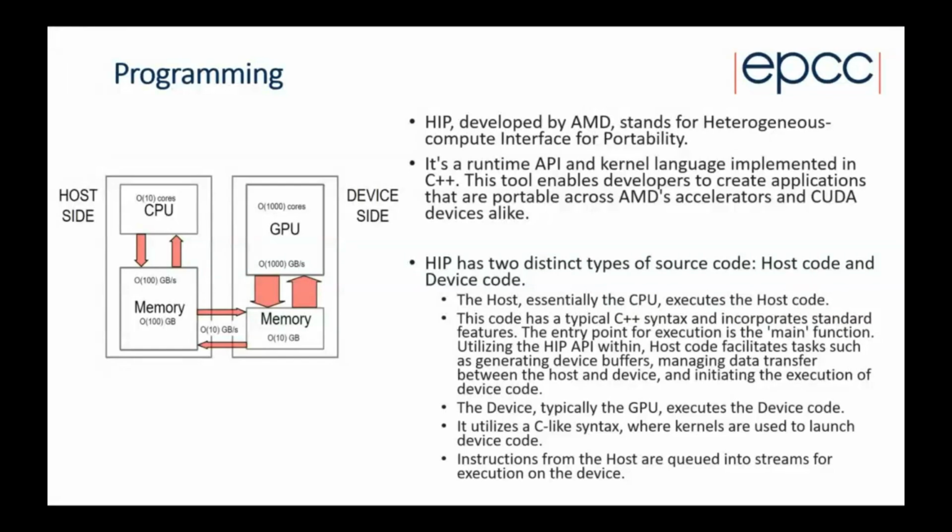A bit obvious, but this is C++ code that incorporates all the standard features, such as the entry point for execution of the main function. It facilitates tasks like allocating and generating buffers, managing data transfer, and kicking off kernels to be executed on the stream, moving data between host and device, things like this. It's about the control of the execution.